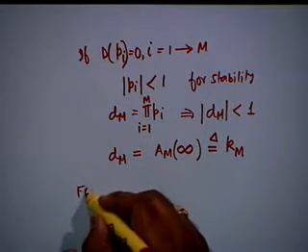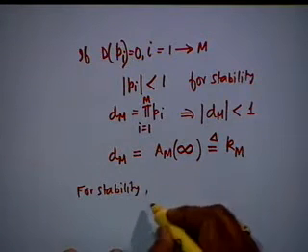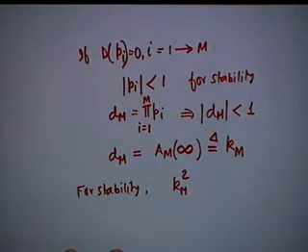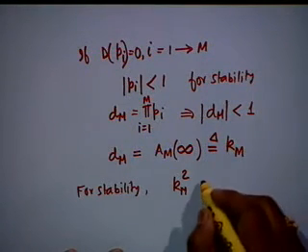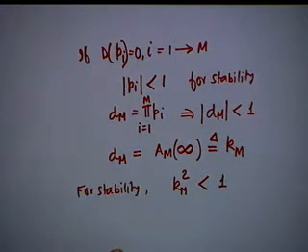So for stability, therefore, k_m squared, dm is a real quantity, positive or negative, but its square is a positive quantity, that must be less than 1. Is this a sufficient condition or necessary condition?